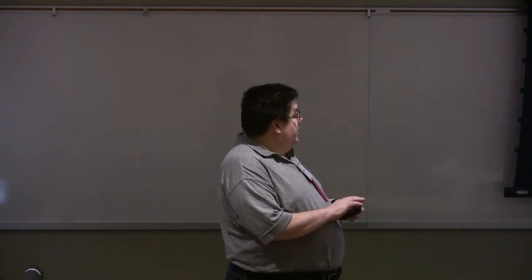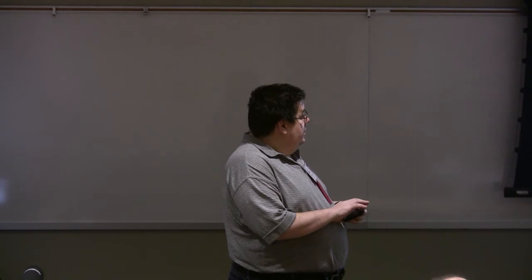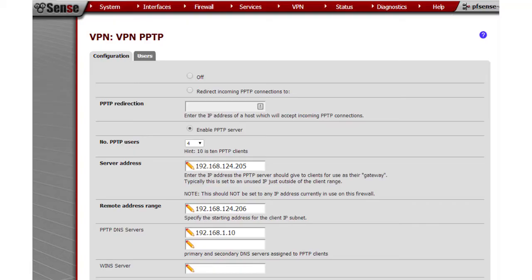Because I also have over here the VPN gateway. I have a PPTP VPN gateway, and people will get a 124 address when they come through, and then they get logged into the network servers and so forth.